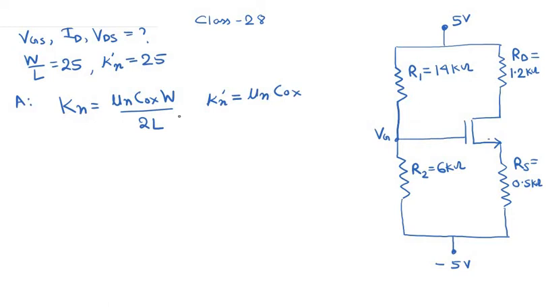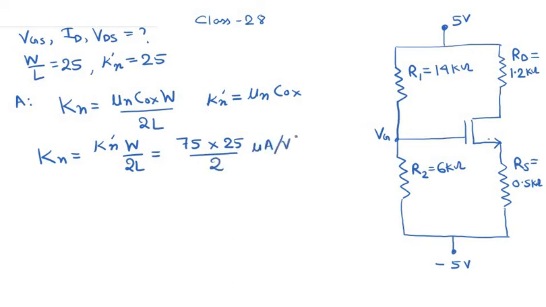So capital Kn and small kn are related by this equation: capital Kn equals small kn W by 2L. So we know the value of small kn and we also know the value of W by L. So this basically becomes equal to 75 into 25 divided by 2 microampere per volt square. Okay, so this Kn, small kn, is in microampere per volt square.